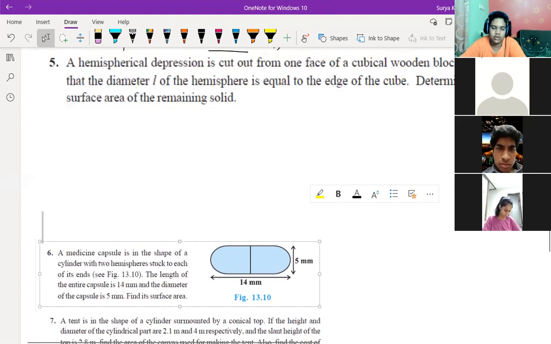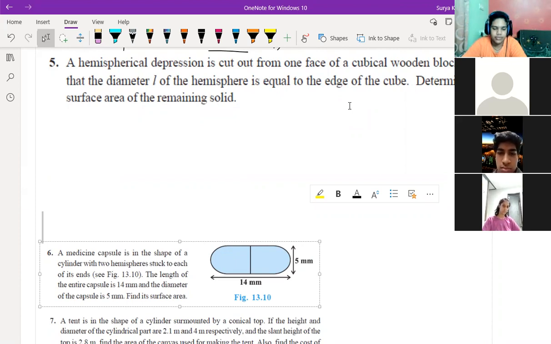Read the question, children, you are getting it or not. A hemispherical depression is cut out from one face of a cubical wooden block such that the diameter l of the hemisphere is equal to the edge of the cube. Determine the surface area of the remaining solid.